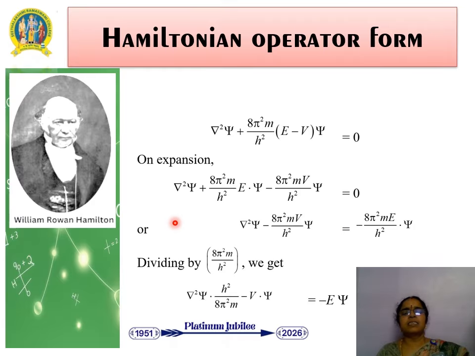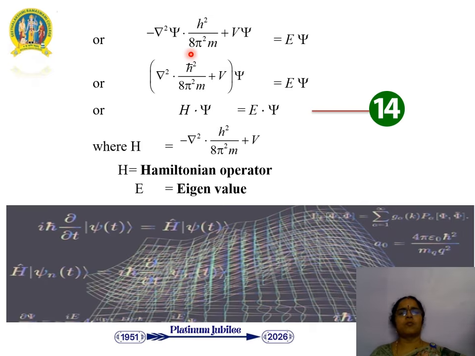Then it results in the expanded form of the equation, in which one term contains E and another term contains V. The V term is kept on the left hand side and the E terms are totally moved to the right hand side. Now we divide the whole equation by 8π²m/h² and we get this final equation. Now multiplying the equation with the negative sign, we get minus del squared psi into h²/8π²m plus V into psi is equal to E psi.